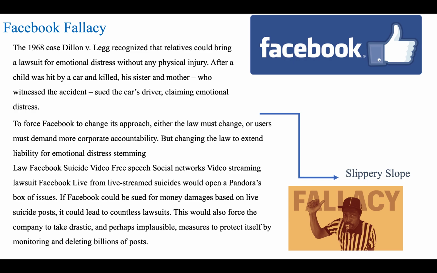Hence, we're looking at this Facebook fallacy. Facebook had a video of it that was blasted all over, and they wouldn't take it down. The reason for this was slippery slope. They believed that if they took down this one thing and agreed to the case, it would lead to many others coming to sue them for small things.